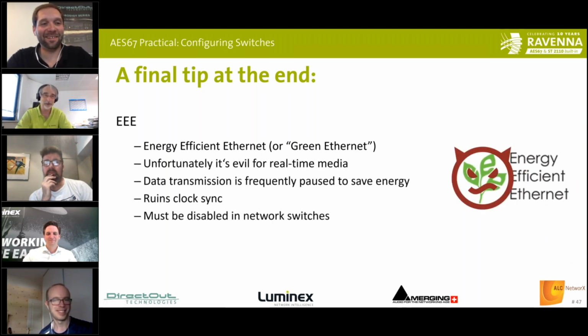Remember, EEE is evil, evil, evil, because it might pause the data transmission to save energy, which ruins the clock, and it therefore must be strictly disabled on any network switch which offers this feature. And most of these less expensive managed switches come with EEE enabled by default. So that was the final tip at the end.